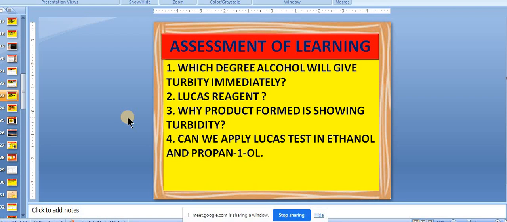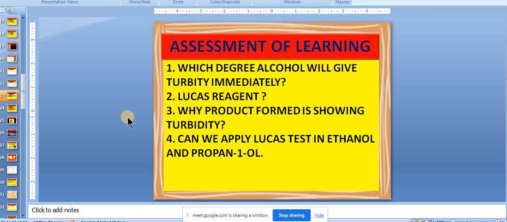Then further, why is the product formed showing turbidity? Third question: why is the product formed showing turbidity? What is the reason for that? We have seen the reaction; it is a nucleophilic substitution reaction. What would be the answer? I will tell you now.